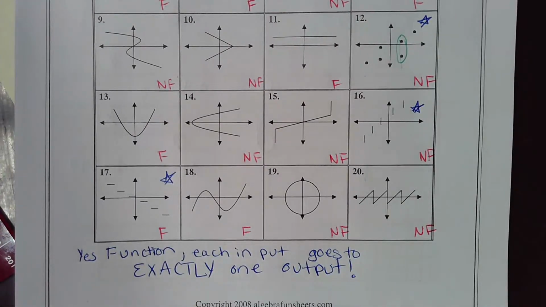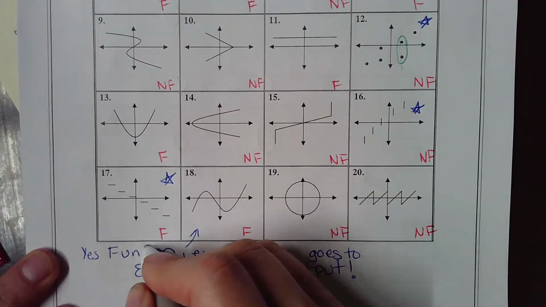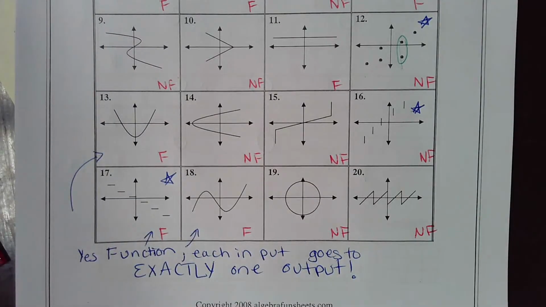Yes, function, each input goes to exactly one output. That would be the answer we would give for 18, for 17, for 13. They'd all have the exact same function answer.